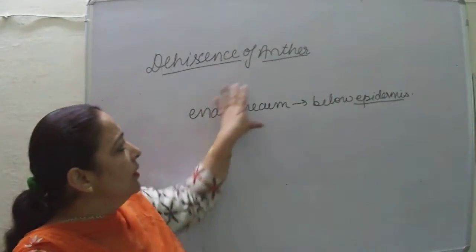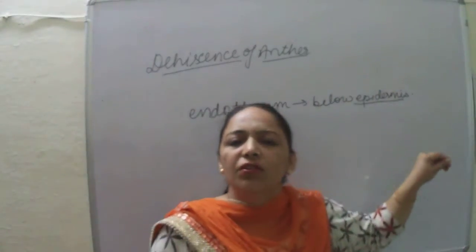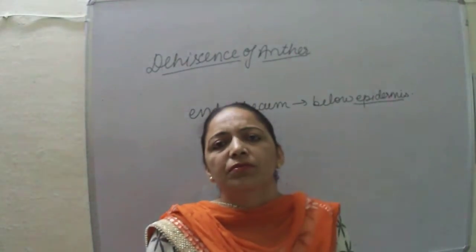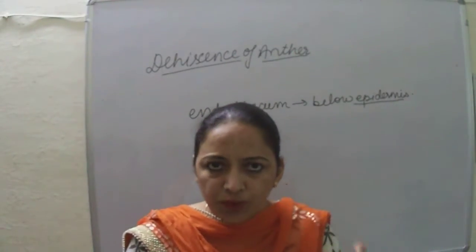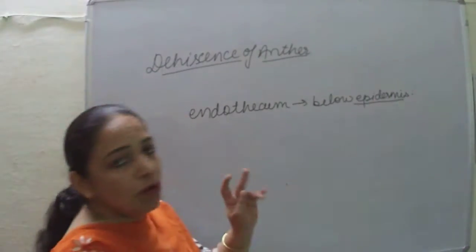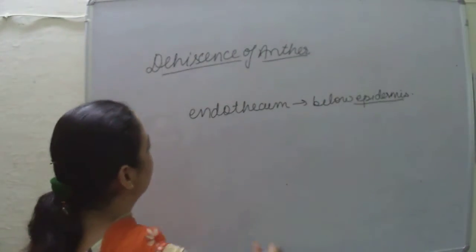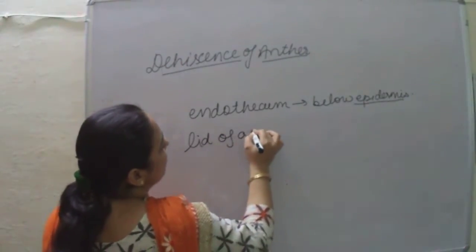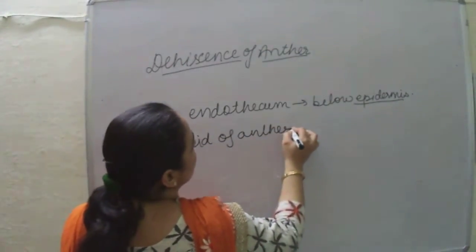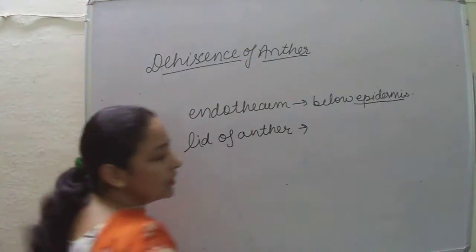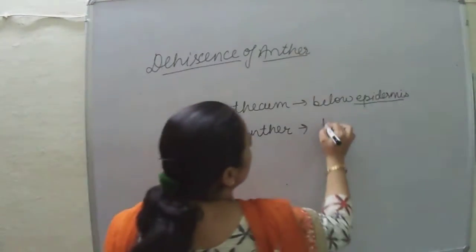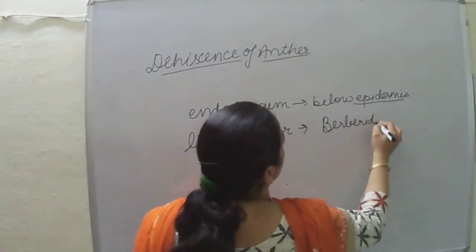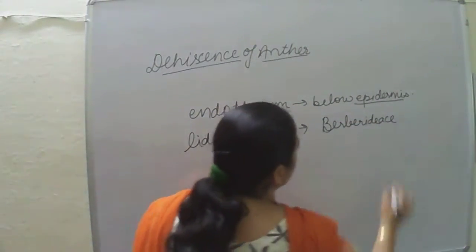But this type of dehiscence is not common in all the angiosperms. Some angiosperms release their pollen by the opening of a lid of the anther. This occurs in the Berberidaceae family.